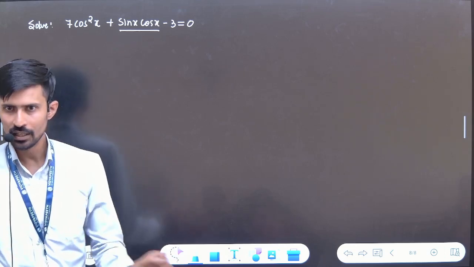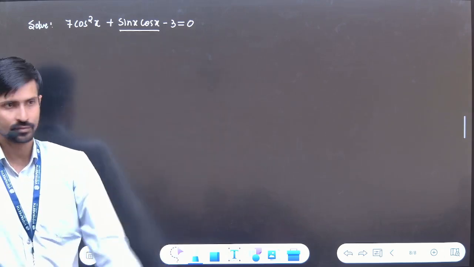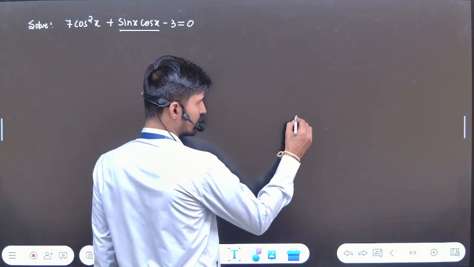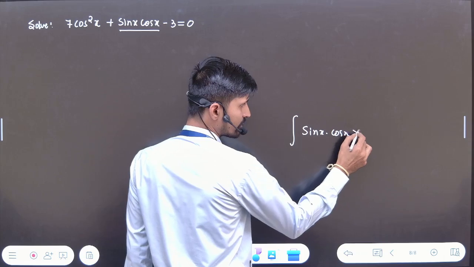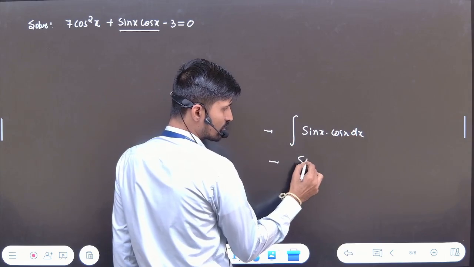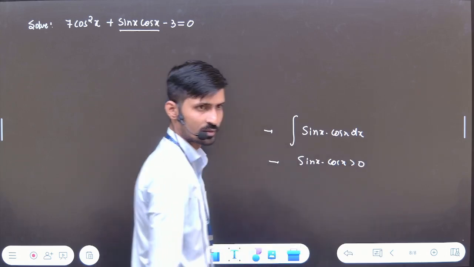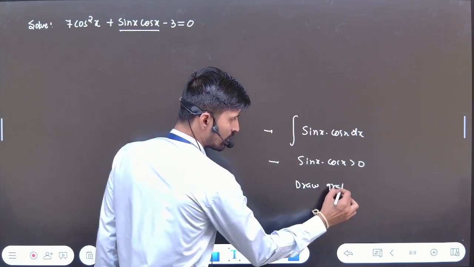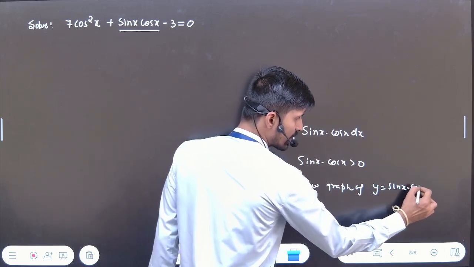Whenever sin x into cos x is present anywhere, suppose I am asking you to integrate sin x into cos x dx, or solve sin x into cos x greater than 0, or draw the graph of y equals sin x into cos x.